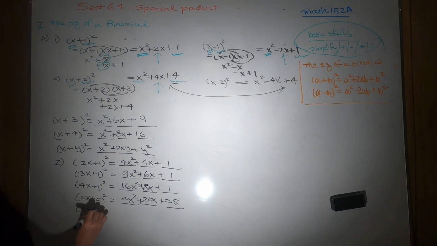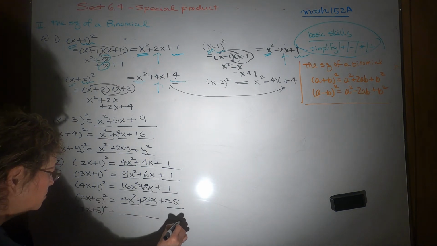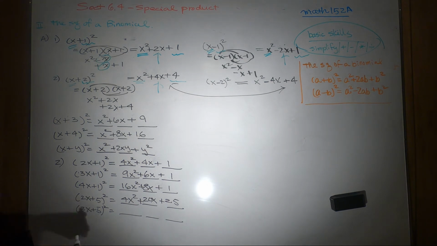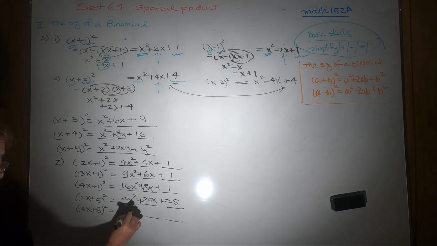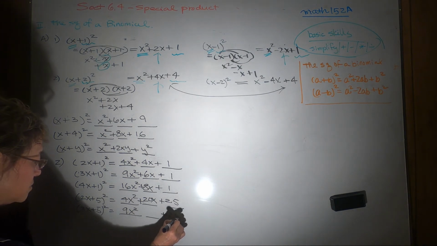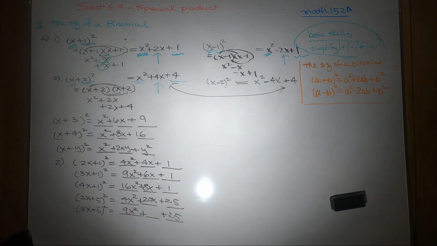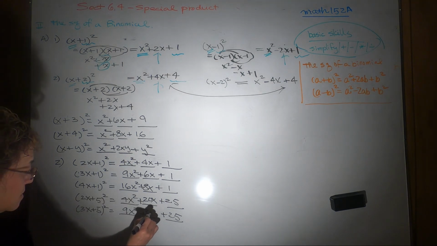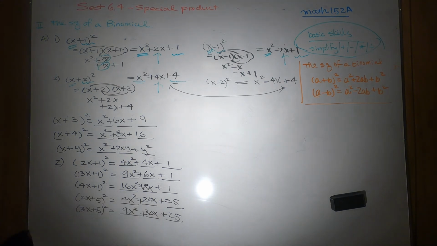And 3x plus 5 squared, right? Trinomial. First one, 3x take square, 9x squared. Last one, 5 take square, plus 25. Middle one, 3x times 5, 15x. Double it, 30x. Right?